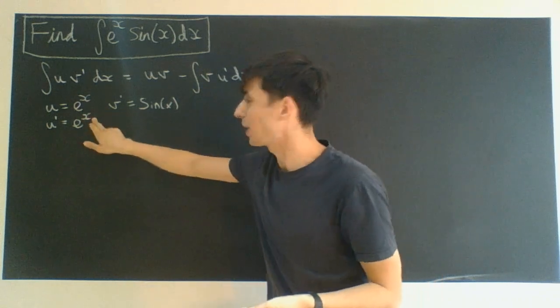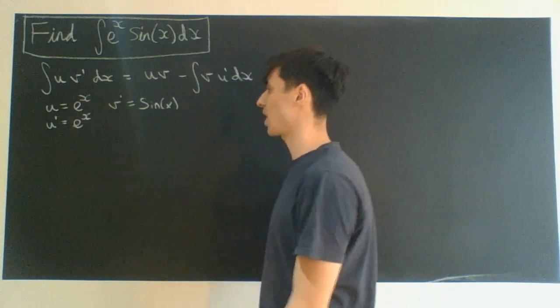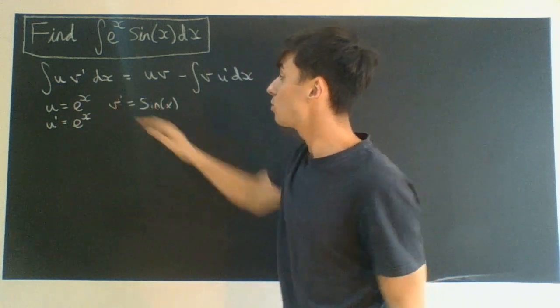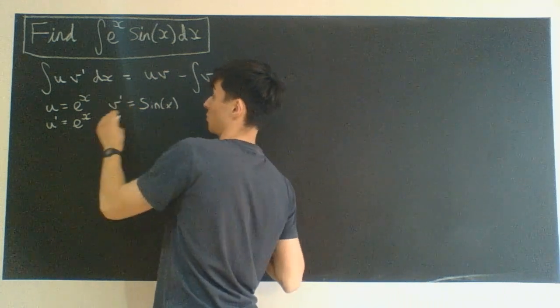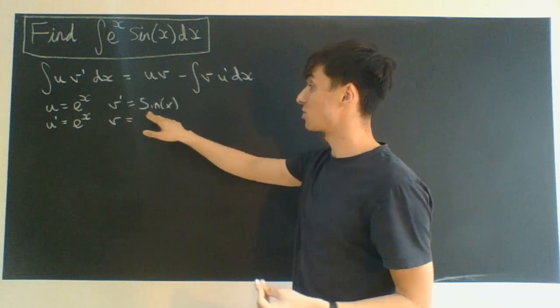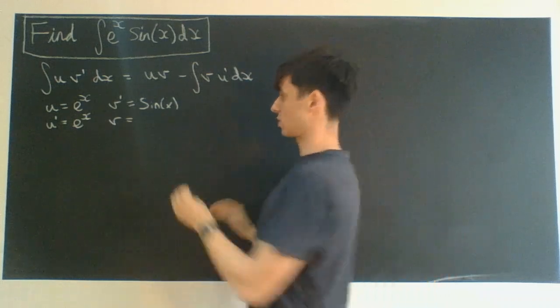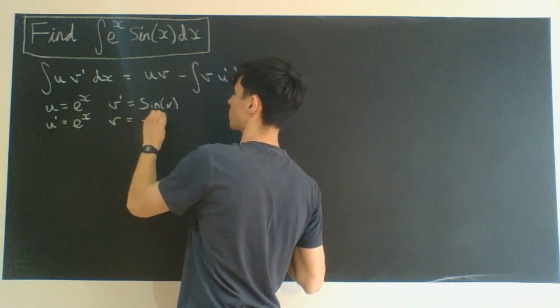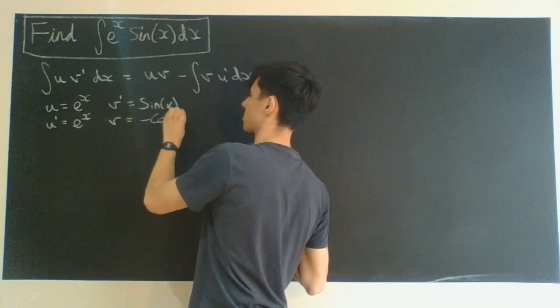That's the cool thing about e. When you differentiate it, it doesn't change. And here, if we knew v dash, or dv dx, was sine x, we would want to integrate that to get to v. So when you integrate sine x, we get minus cosine x.